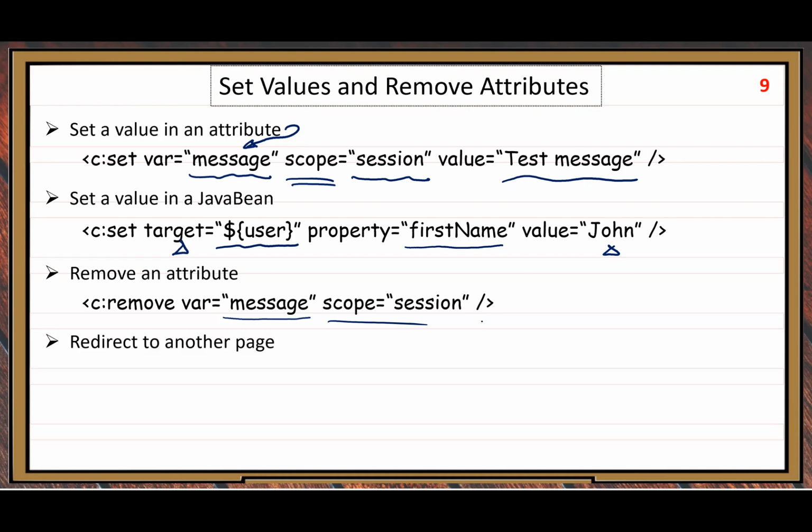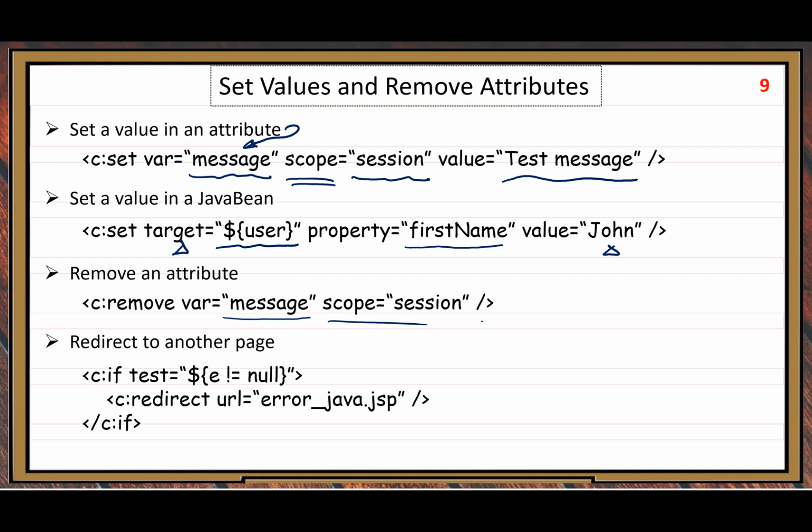Redirect to another page. You can also do redirect. You know the meaning of redirect. We spent a lot of time learning redirect and forward concepts. Here, we talk about redirect.